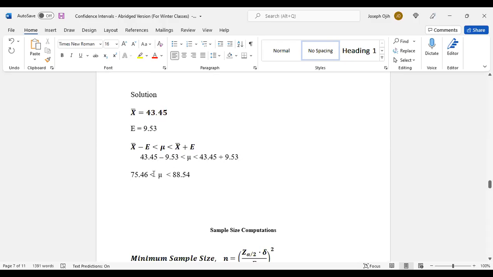See? So now when we subtract this, 43.45 minus 9.53. Let me use the calculator to do it.